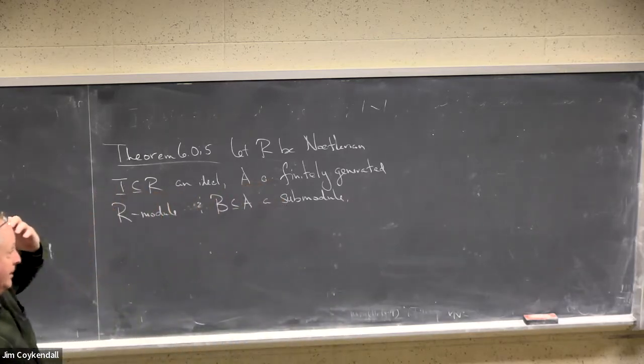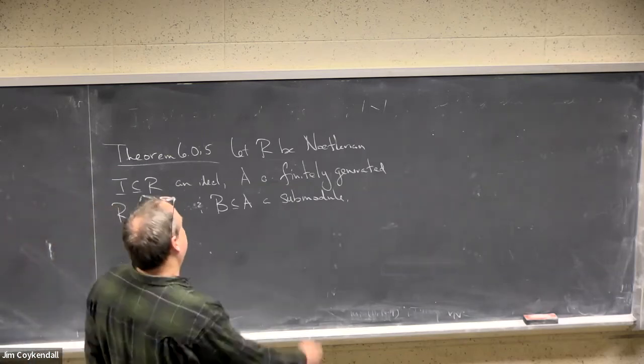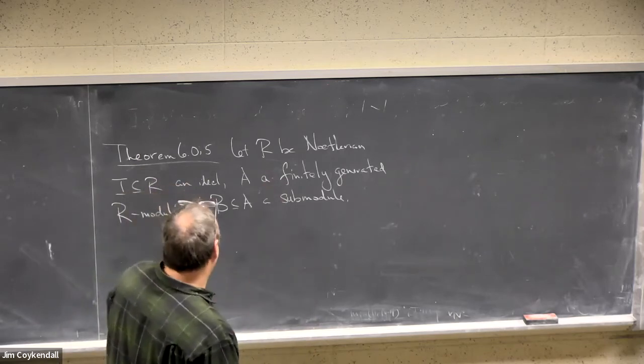We've got a Noetherian ring, an ideal, which of course must be finitely generated by the hypothesis on R. A is a finitely generated R-module, and B is a submodule.